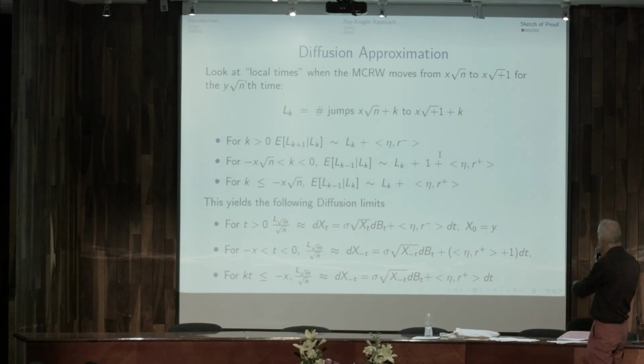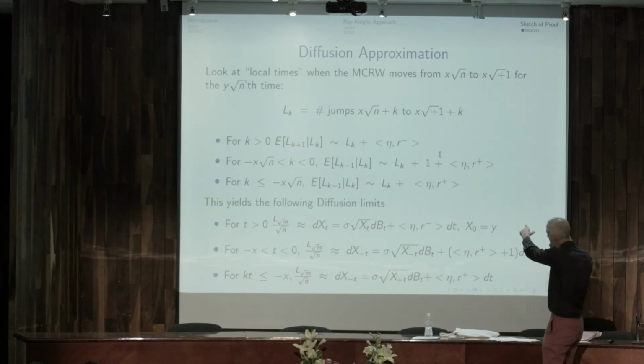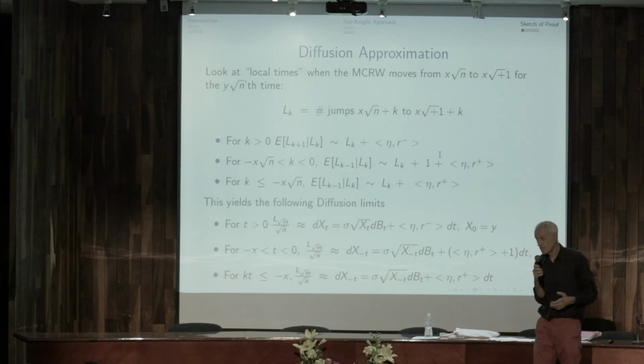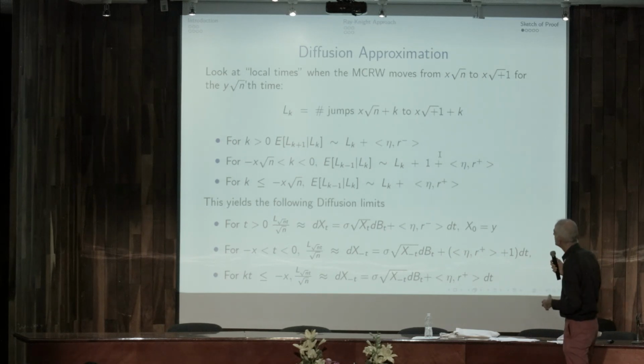What we have here, if you do this calculation, is you have these laws for what I'm calling the local times. Okay, we know the local time at x, when you renormalize it, meaning divide by square root of n, it starts there. It's going to be y, excuse me.